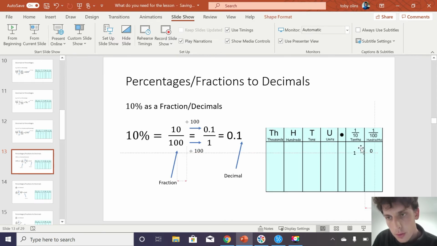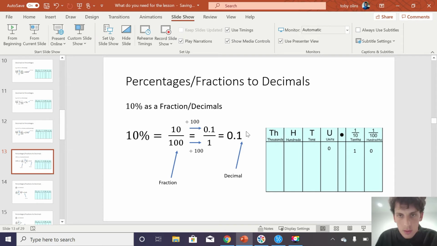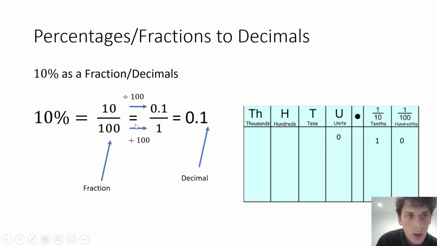Then we need to put a naught here, so it would be 0.10, but you can just put 0.1. So 10% as a fraction is 10 over 100, and 10% as a decimal is 0.1.